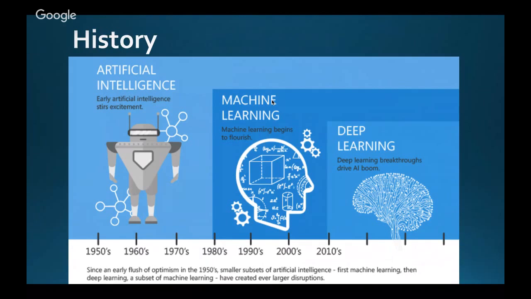And then in the early 90s till 2010, we had machine learning coming into picture, where so many different kinds of algos, approaches and theories were discovered and invented in order to begin making machines start learning on their own.